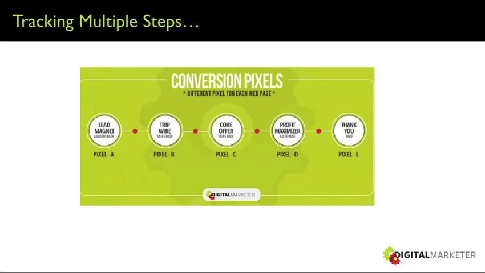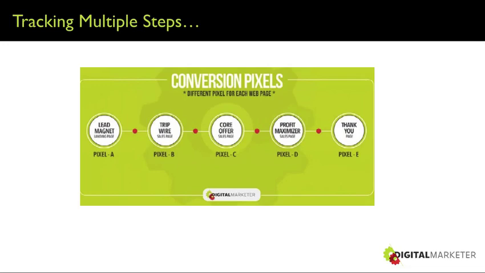So what I'm trying to teach you is that you can put a pixel on each of these pages to track different actions. If you look at pixel A and you had pixel A on that first lead magnet landing page, you could track everyone who landed on that page.